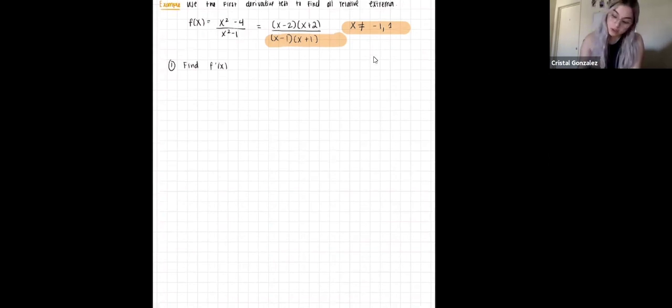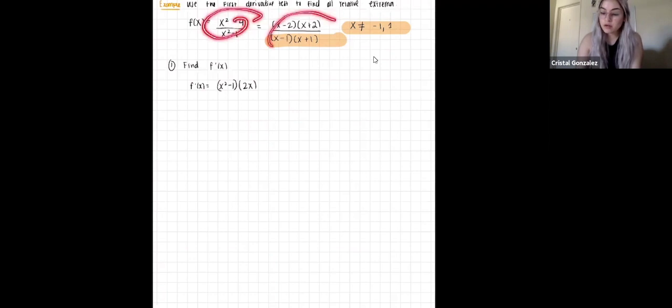Okay, to take the derivative, my f prime of x is going to be x squared minus 1, the bottom, times the derivative of the top, which is 2x. By the way, I'm taking the derivative from here and not from here because this one would be a little more complicated to differentiate.